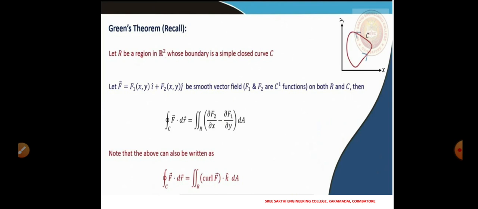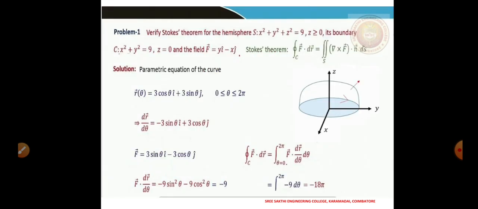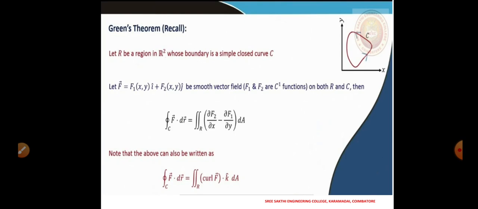So with the curl f vector, if you take a dot product with the unit vector k, then we get dou f2 by dou x minus dou f1 by dou y. This is exactly the integrand of the area integral in Green's theorem. So instead of writing this integrand, we can also write curl f vector dot k vector.